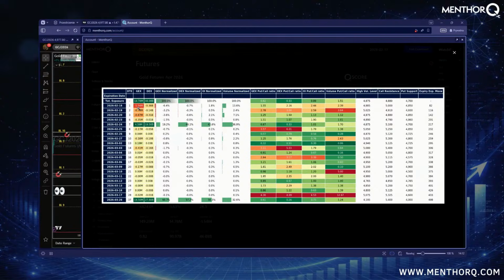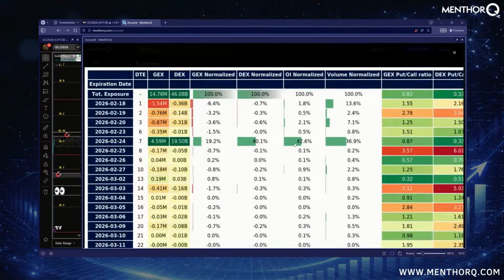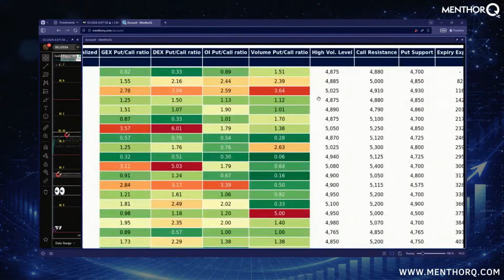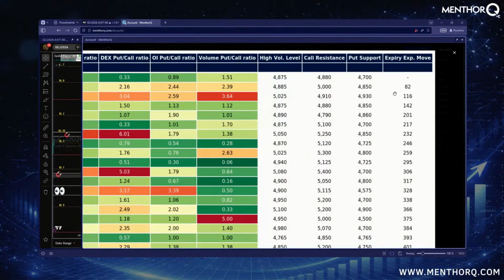But when we look at our matrix, tomorrow's expiration is negative. Also, DEX is a little bit sitting in a negative regime, and the next few expirations till next Wednesday are also sitting in a negative environment. So be careful with that. It means higher volatility.